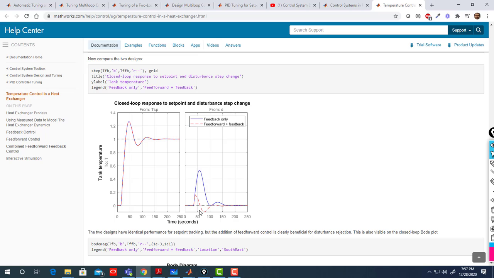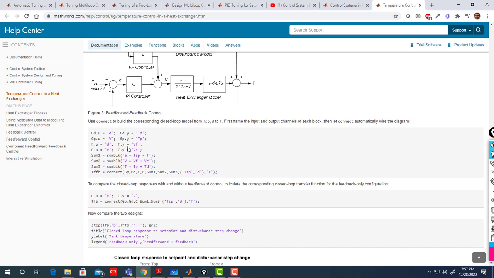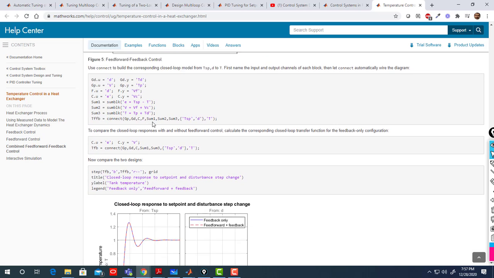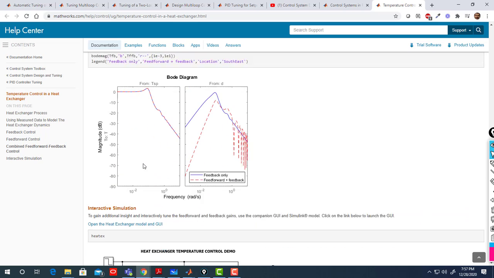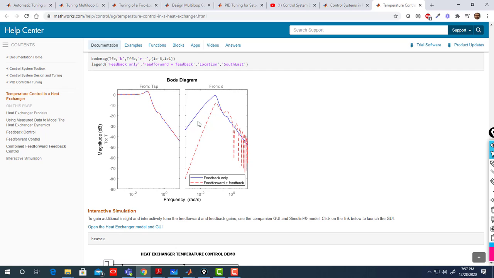If I have disturbance step change, disturbance rejection is faster in the case of feed forward plus feedback, because we compensate for something we know, which is the disturbance. So that's the advantage of feed forward. So then it makes your system settle faster in this case. Here they show it to you in Bode diagram.